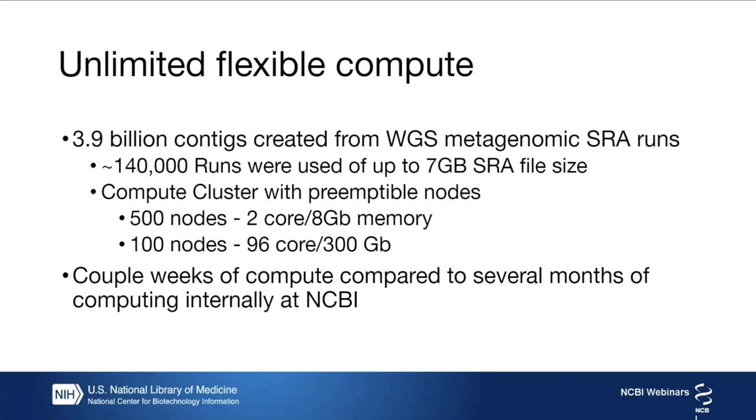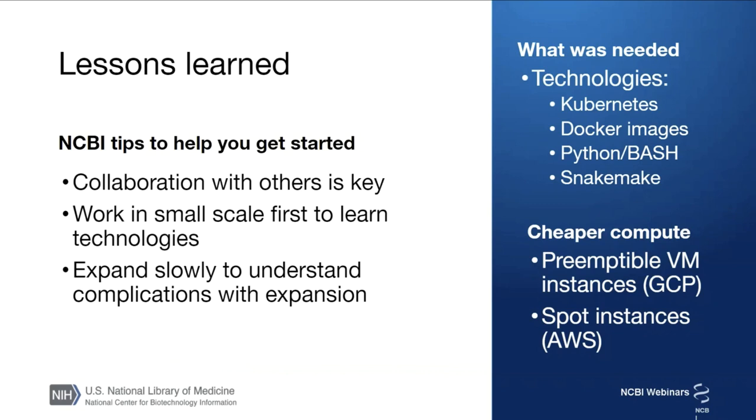That's because SRA is not the only resource at NCBI. We share that high computing cluster with other resources, and of course, we would be queued up for all of our computational needs. This is something that some of you might have faced before at your universities. However, in the cloud, all of the compute we want is at our fingertips.